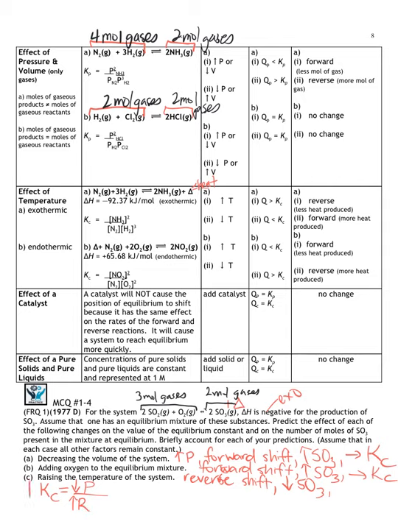And that small Kc value means my Kc is going to decrease. My equilibrium constant is going to decrease. So notice how the only thing that will change your K constant is any changes to temperature, because Kc is very dependent on temperature.